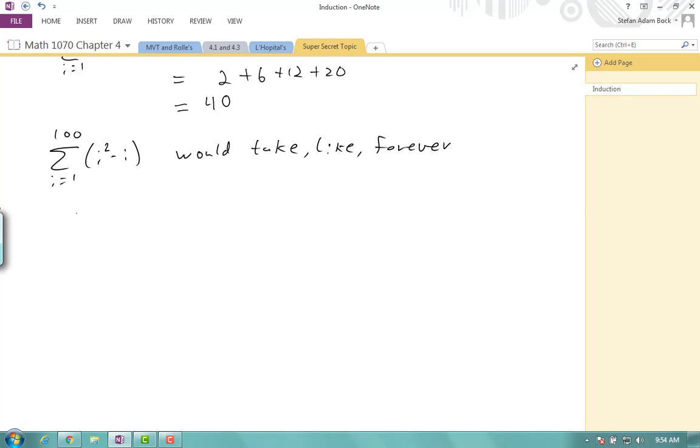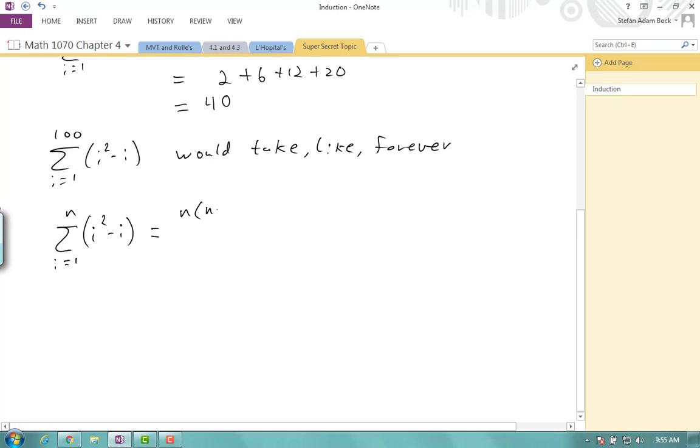But there's actually a formula I can use for this. The sum of i equals 1 up to n of i squared minus i would technically be equal to n times n plus 1 times 2n plus 1 divided by 6 minus n times n plus 1 all over 2.